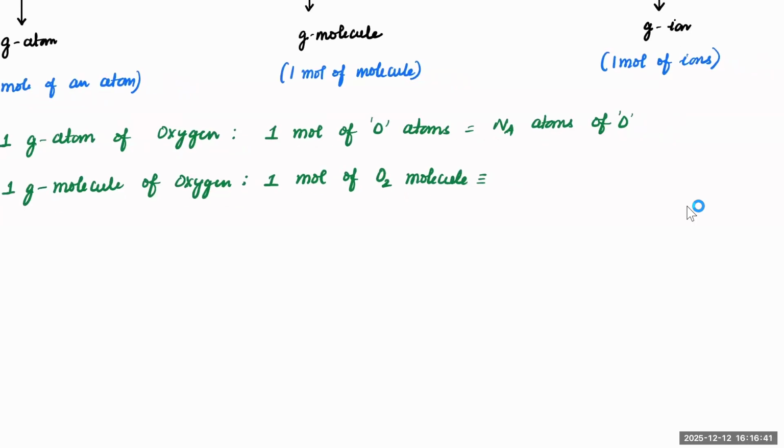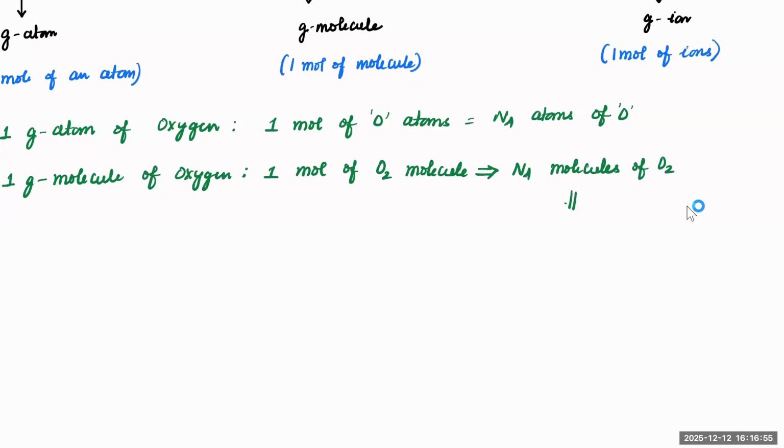And O2 molecule implies that I have Na number of molecules of O2, or this also implies that it has 2Na atoms of oxygen, which also implies it has 2 gram atoms of oxygen atoms.